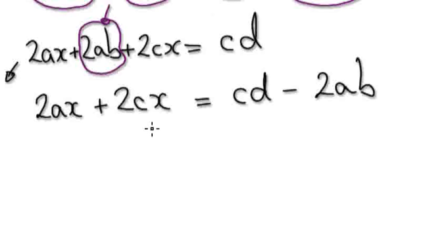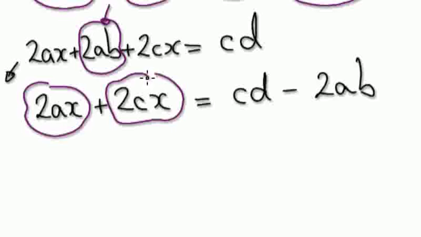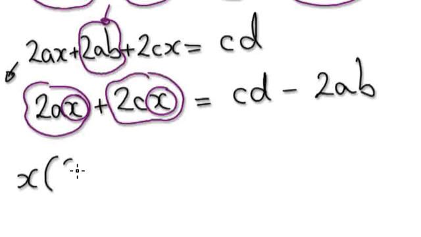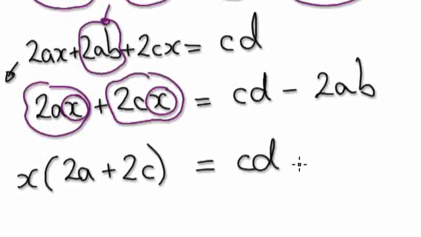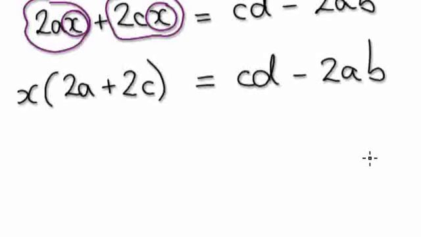Okay, and now you can see this bubble here and this bubble here, they've both got x in common. So let's factorize it. x bracket 2a plus 2c, close it, equals cd minus 2ab, and now visualize it as this bubble here multiplying this bubble here.